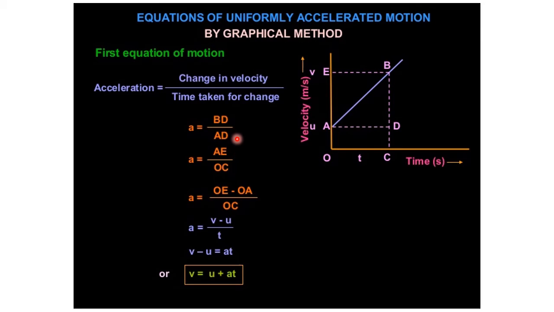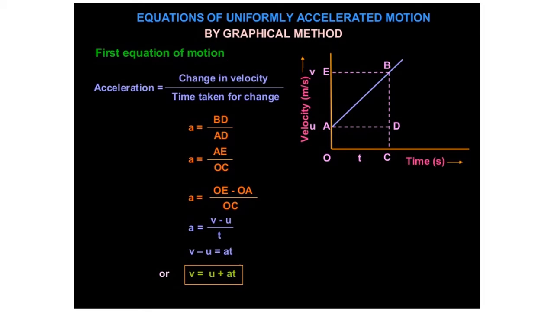In the same way, AD can be written as OC. Why? Because AD is parallel to OC. Then in the next equation, instead of AE, they have written OE minus OA.